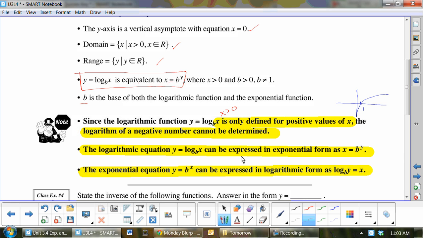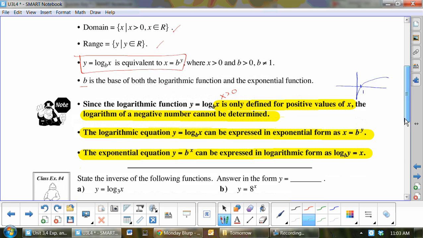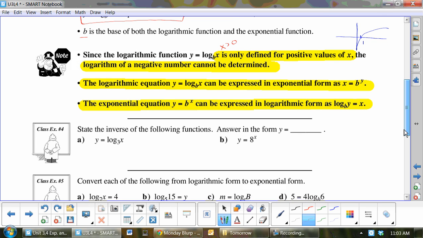Okay. Now, let's do the inverse of each and then answer in the form y equals. Now, y equals log 3 of x. What would be the inverse of this?